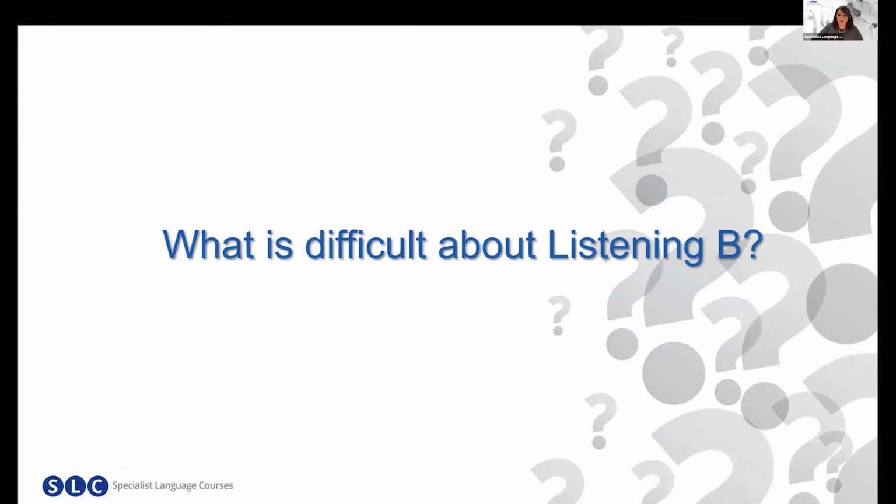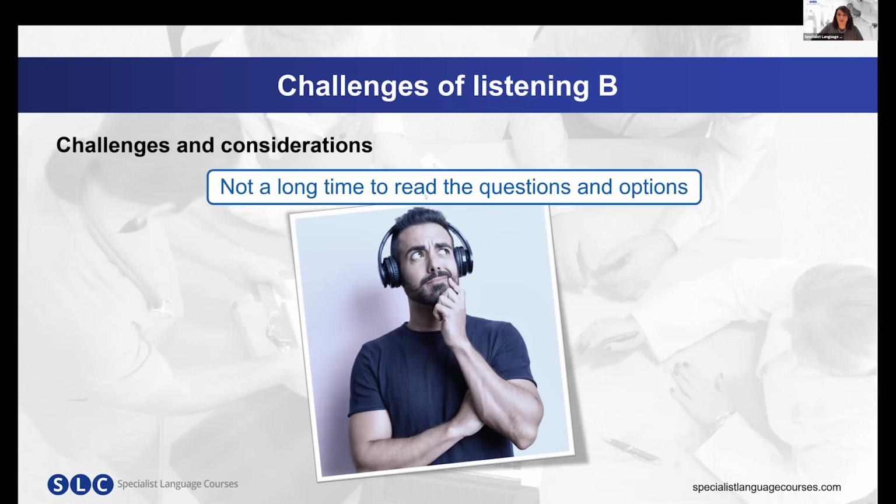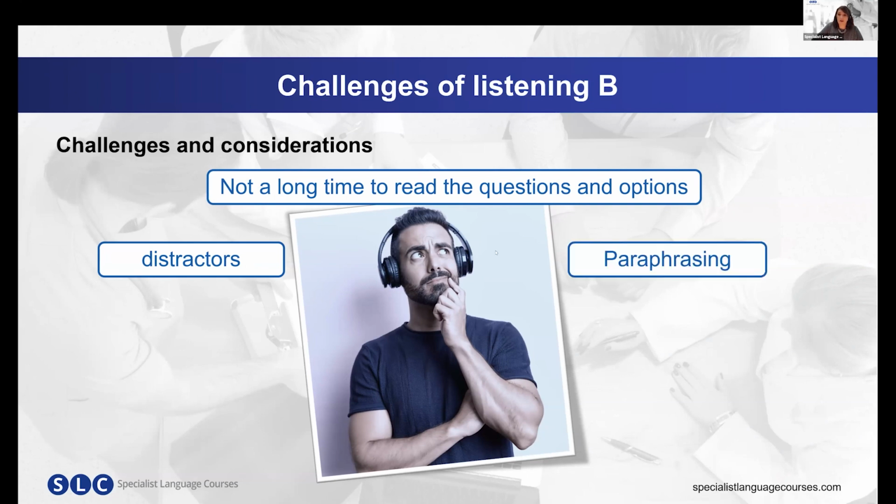The majority of the students we speak to find various difficulties. You don't have too much time to read the questions and options, so you need to practice using your time efficiently. Distractors, answers that could be right, but turn out not to be right. Paraphrasing, the words that you see in the questions and what you hear in the audio may not be the same.